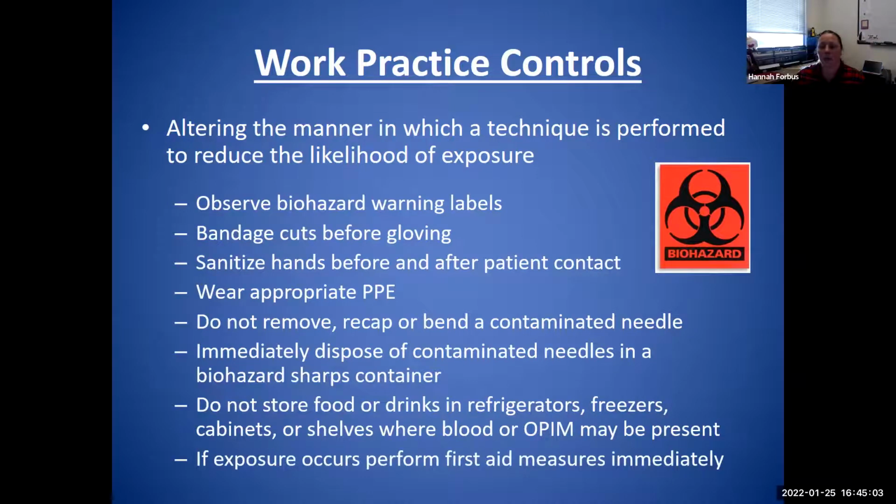Okay, and then if exposure does occur, make sure you perform first aid measures immediately. That is always the first thing you should do, right? If you get an accidental needle stick, you're not gonna drop the needle and run and go show your boss, right? You're going to perform first aid first, immediately.